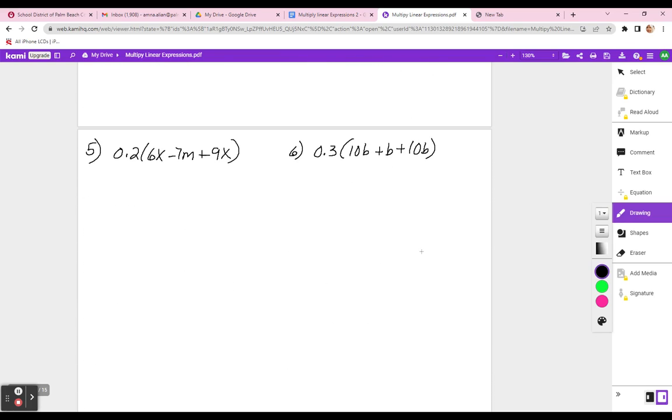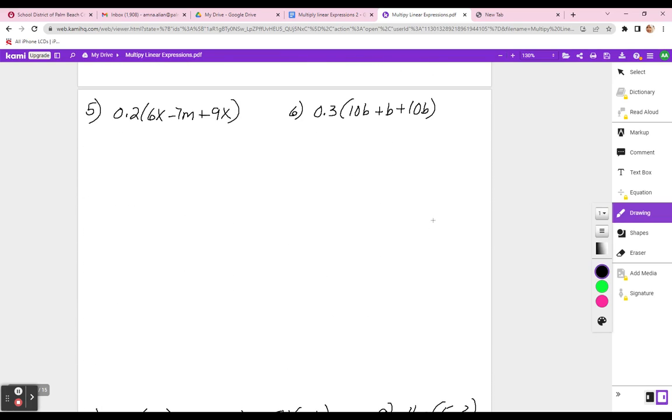All right, moving on to number 5. First, look and see if you have like terms you can combine, and we do. So we'll do that first. 6x plus 9x, that's 15x. Okay, you can use your calculator right now if you like, because we have decimals. 0.2 times 15, that's going to give us 3x.